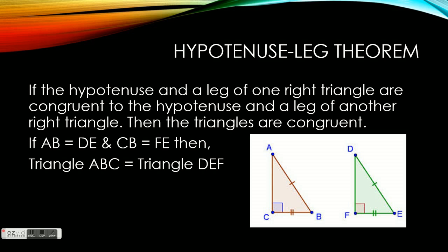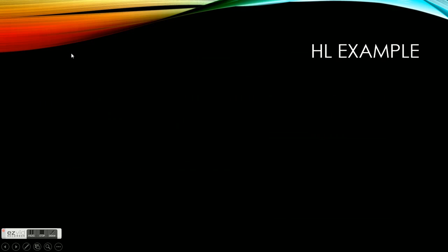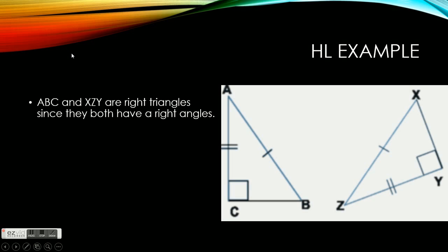So let's take a look at an example of the hypotenuse leg theorem. So we have ABC and XZY, and they're both right triangles since they both have right angles. So AB is equal to XZ, that's the hypotenuse of both triangles.